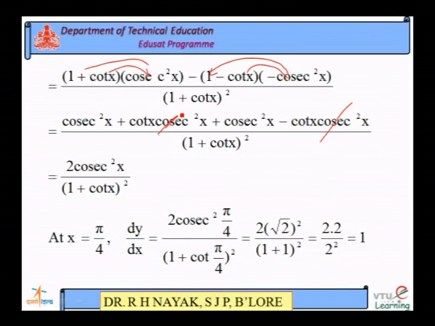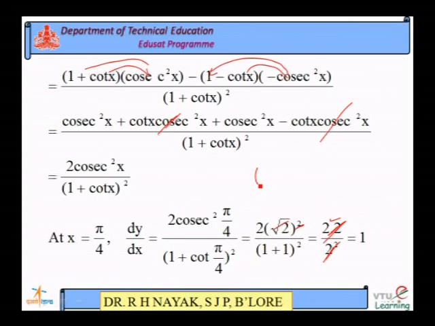Cot 45 is 1, therefore we have written 1 whole square, 2 into root 2 square, cancel, 2 into 2 is 4, 1 plus 1 is 2, 2 square is 4, they get cancelled, finally we will have 1.